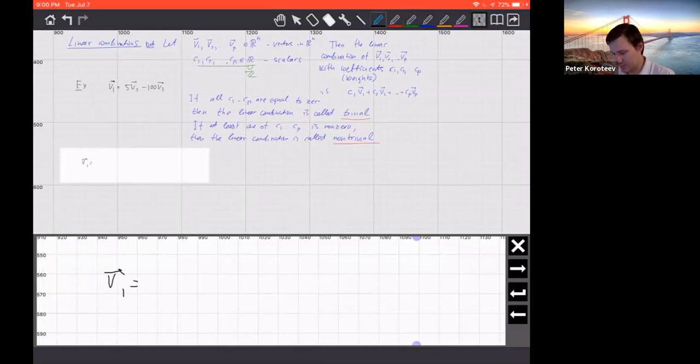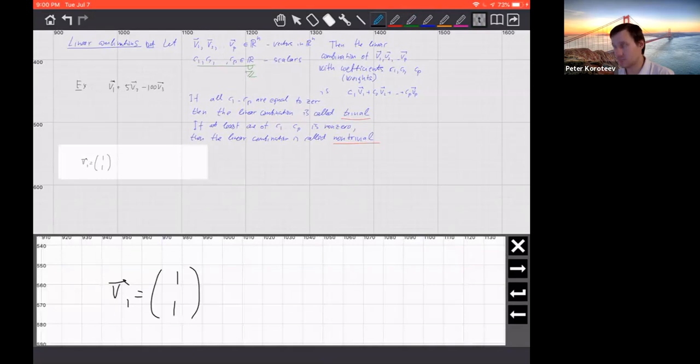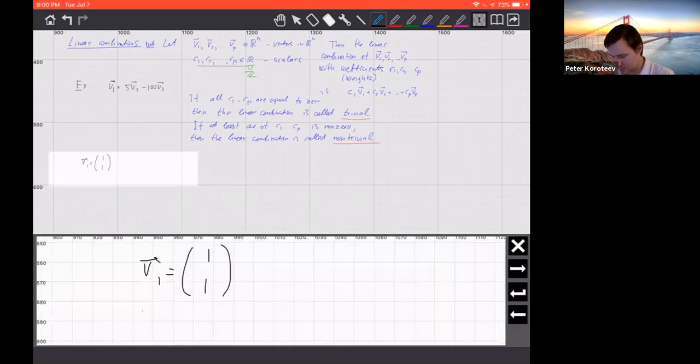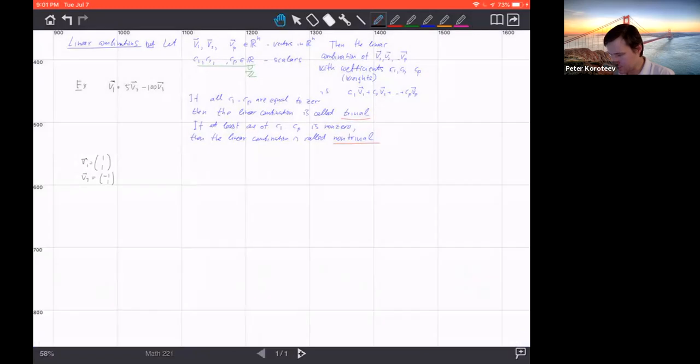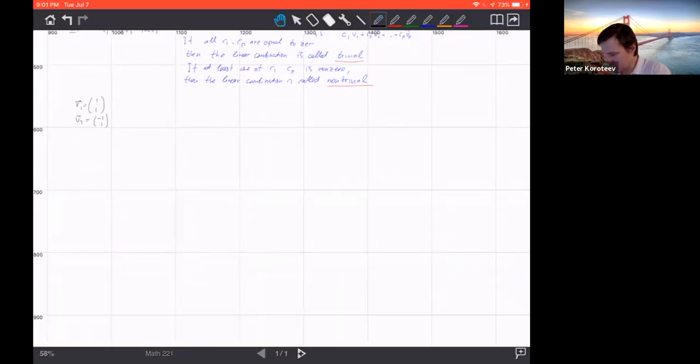V1, which is equal to, say, (1, 1), and vectors V2, which is, for example, (-1, 1). Let's draw them on a coordinate plane.